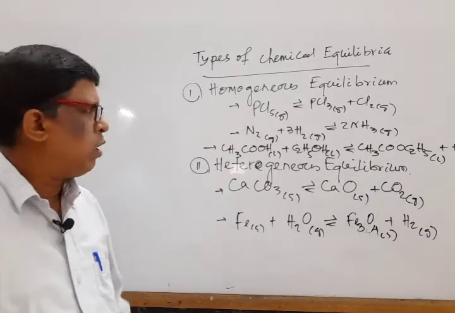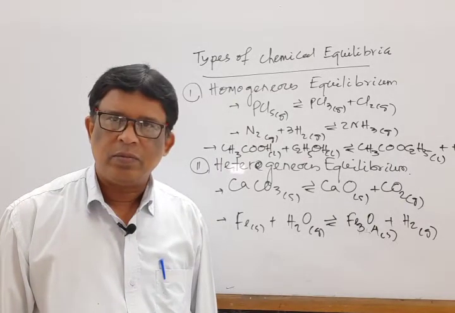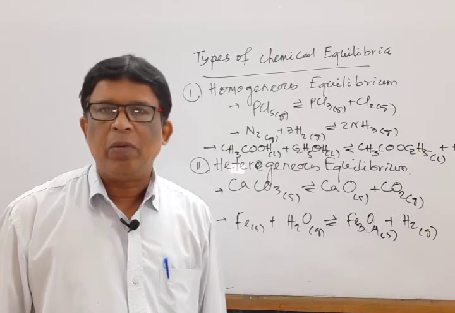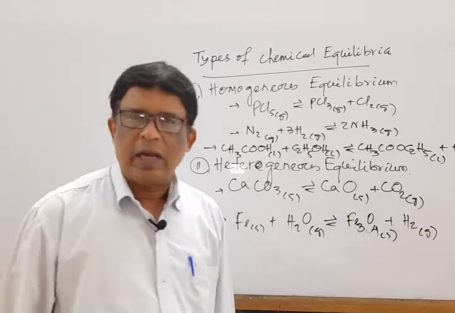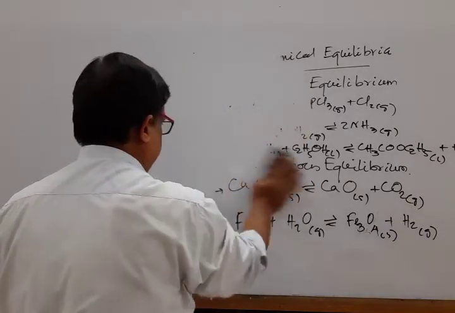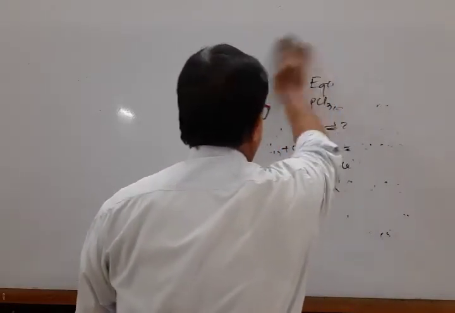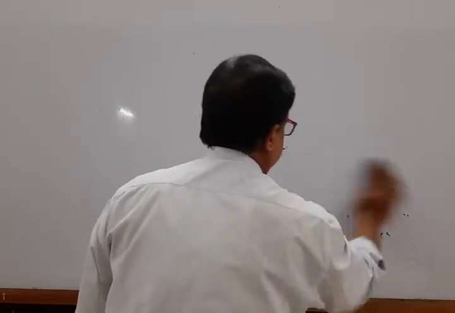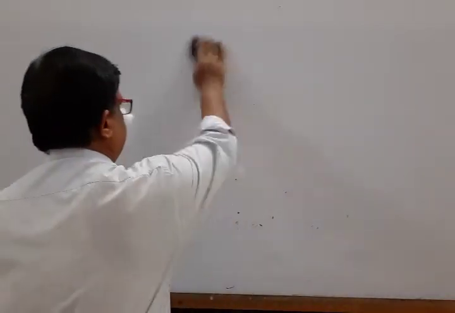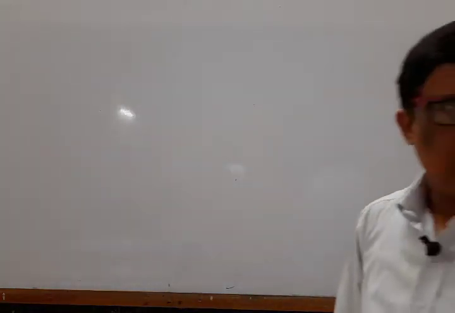So these are known as heterogeneous equilibrium. So equilibrium is of two types. One is known as homogeneous and one is known as heterogeneous. Next, how to write the equilibrium constant, the way of writing the expression for the equilibrium constant.